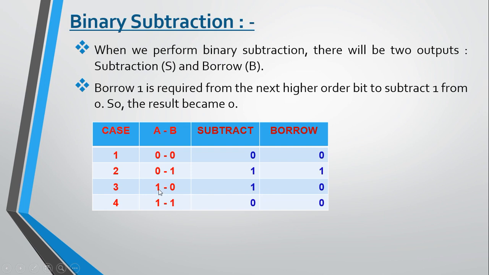That means over here we have 1 only, so it will return 1 and there is no borrow. 1 minus 1 will return subtraction as 0 and borrow as 0. So this is the rules table. And the second point, as I have told you, I will explain when we complete our sum.